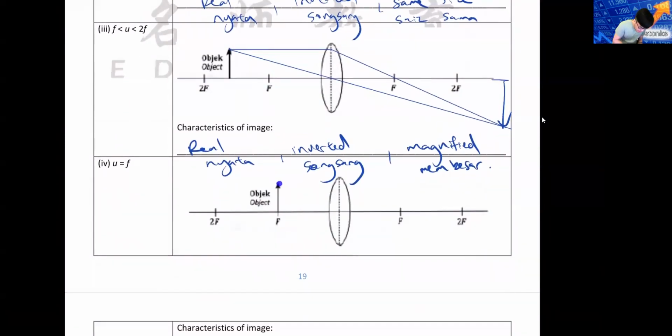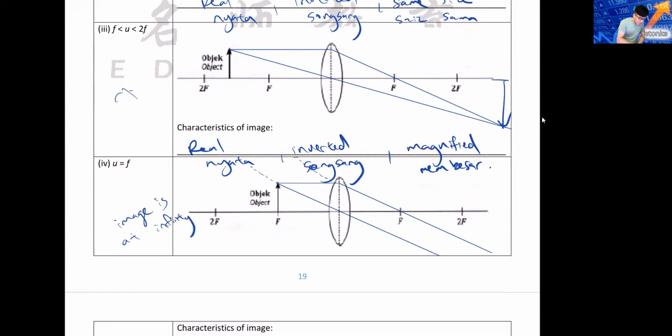Object on F. So the first line goes through optical center. Second line straight and to F. And in this case, they will not meet. Even if you extend this, they will not meet. So in this case, image is at infinity.